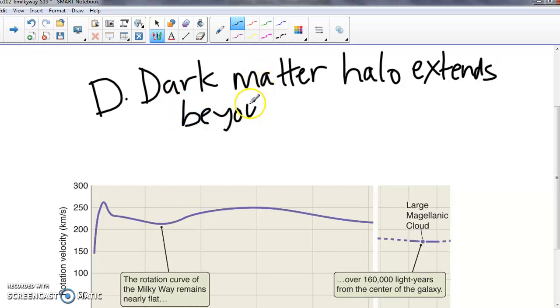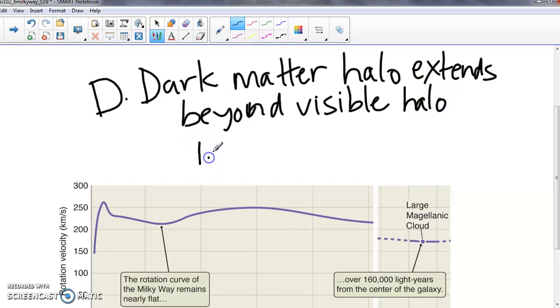I know, they're both called halos. That's confusing. Dark matter halo extends beyond visible halo.